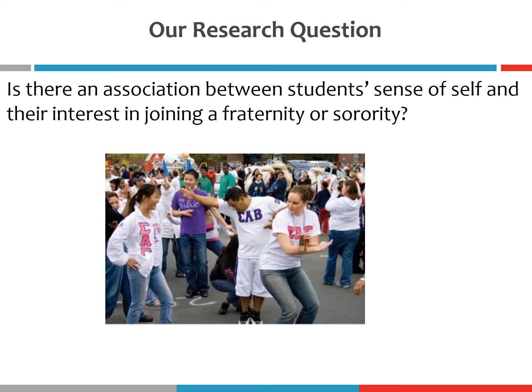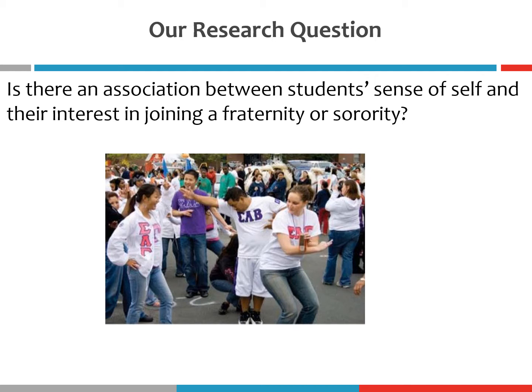Okay, so I have a couple of questions that I want you guys to consider before we get started. For example, I want you to think about what kind of people might be more likely to join a sorority, right? Or a Greek organization.